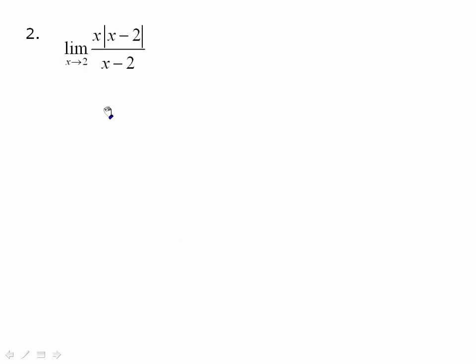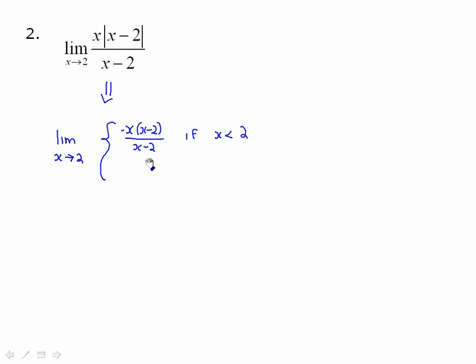So the absolute value of x minus 2 over x minus 2. So you need to be aware, this is the connection that you have to make, that this really is the limit as x approaches 2 of negative (x minus 2), so a factor of negative 1 goes outside of the bracket, over x minus 2, if x is less than 2.